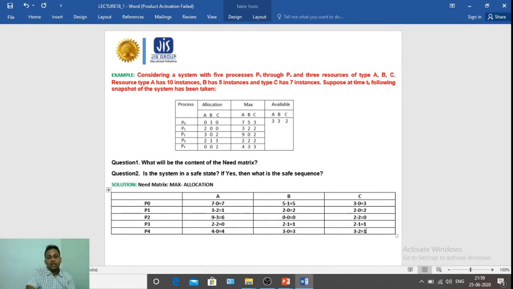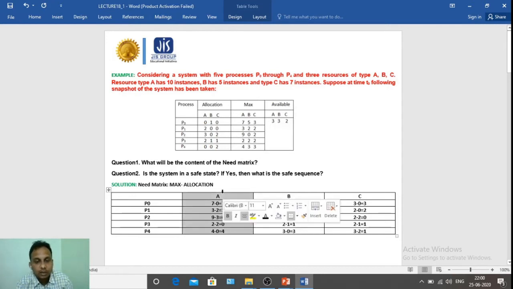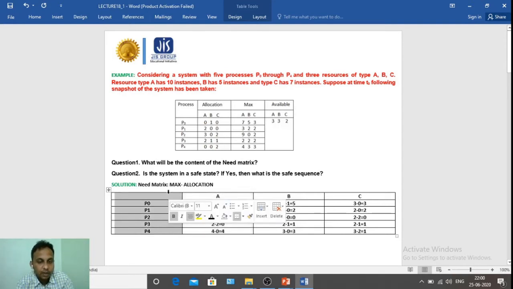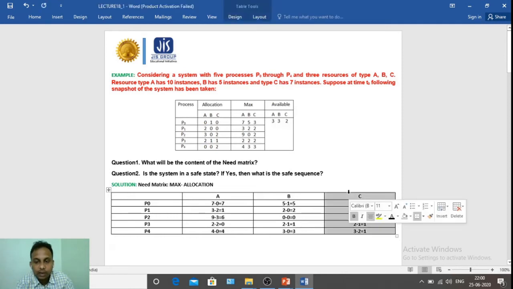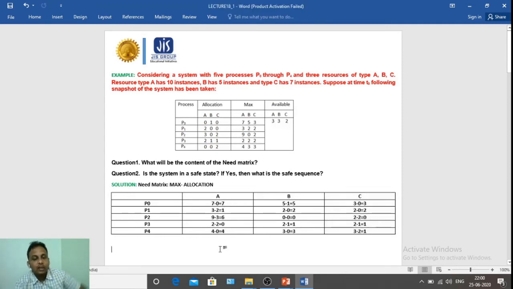So this is the need matrix. Let's write once again the need matrix. I'm just copying the table. So this is the need matrix, the answer of part 1, that is question number 1.